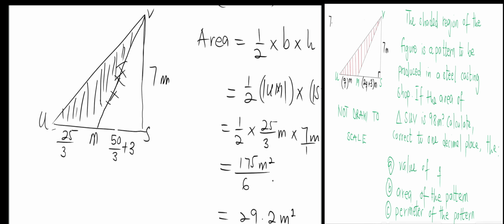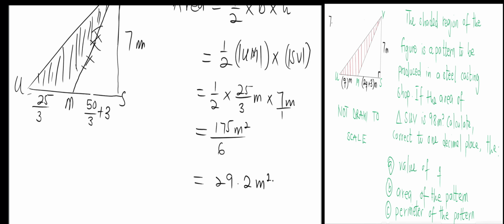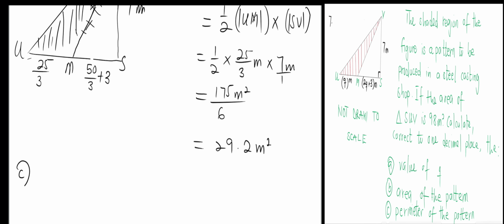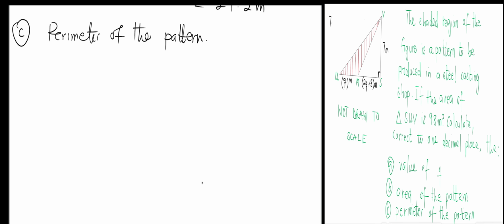Now let's move to the C part of the question. C part is saying that we should determine the perimeter of the pattern. So let me draw the whole figure again.